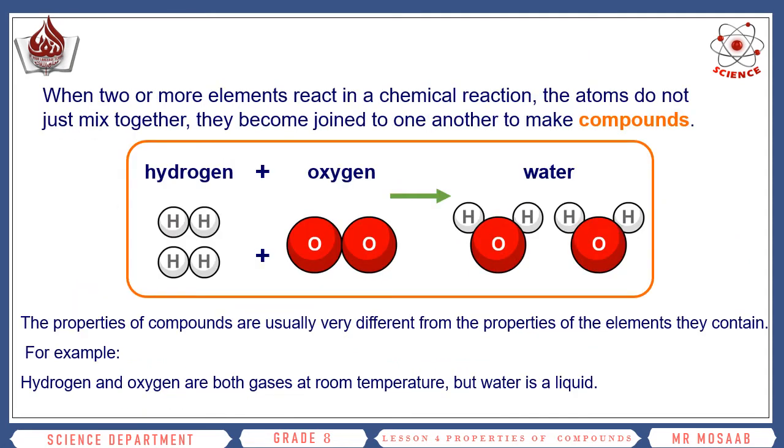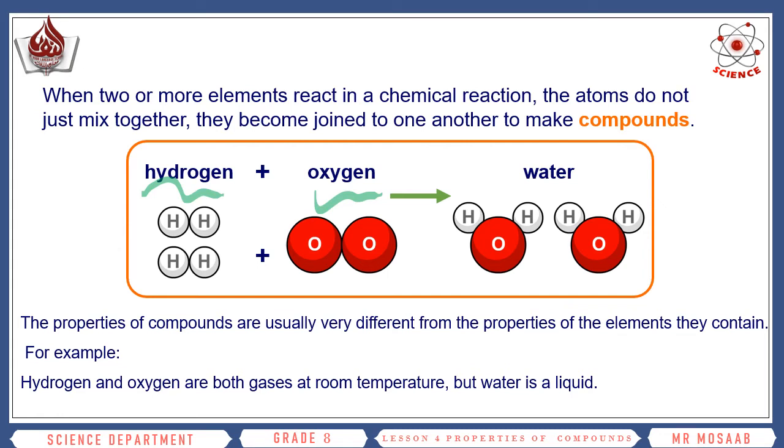Now, when two or more elements react in a chemical reaction, like hydrogen and oxygen, the atoms do not just mix together, they become joined to one another to make compounds. They join together to make a new compound.